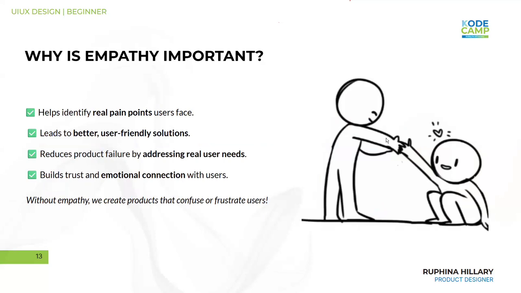So if I want to talk more on this, it leads to better user-friendly solutions. Let's just say someone tells you a problem. Sometimes when you engage with the empathy stage, as they're telling you the problem, they're telling you the solution they want. They're telling you the answer they want. As they're telling you that this thing is too stressful for them, they'll be like, I wish it was this way. That's the point you can just speak out.